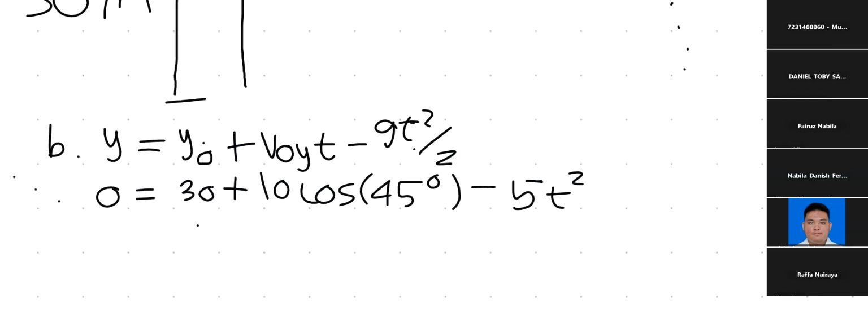Now, as you can see, ini ada T-nya. As you can see, it forms a quadratic formula.